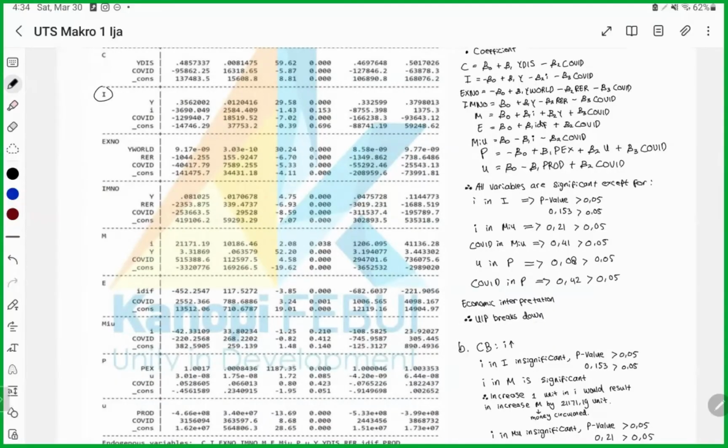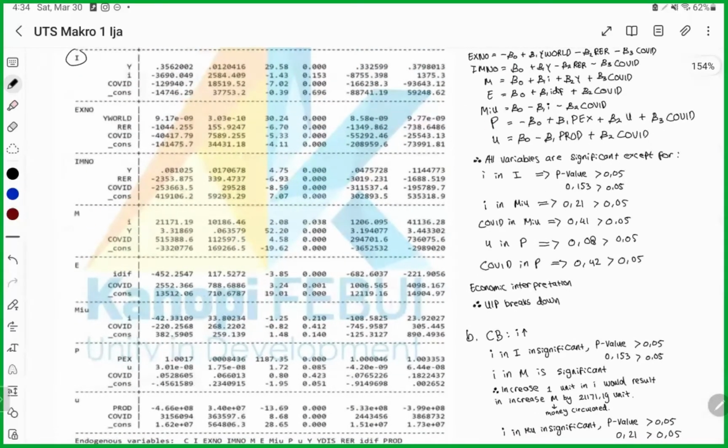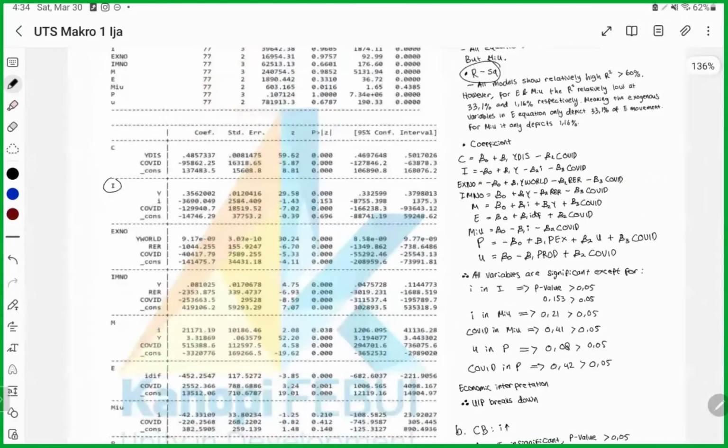What does it mean, UIP breaks down? As you learned in class, if a crisis happens, sometimes UIP, or uncovered interest parity, doesn't work as it should. For example, like this one, UIP didn't show the correlation between the interest rate and the exchange rate. So UIP breaks down. That's the economic interpretation.